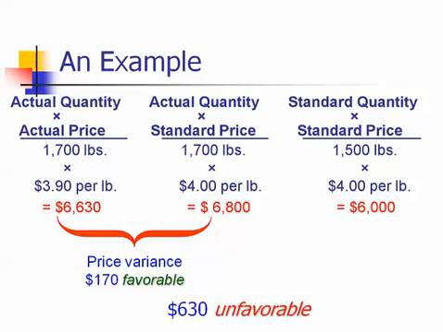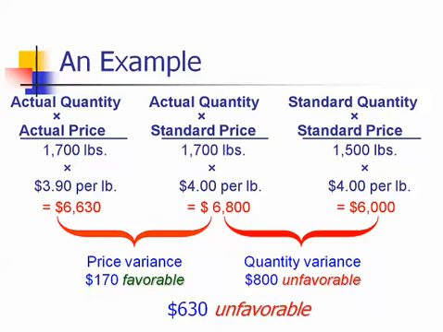Notice it's favorable because our actual price of $3.90 per pound was less than our standard or expected price of $4 per pound. And a $800 unfavorable quantity variance. Notice the quantity variance is unfavorable because our actual quantity used was 1,700 pounds, and at standard, we would have expected to use only 1,500 pounds.